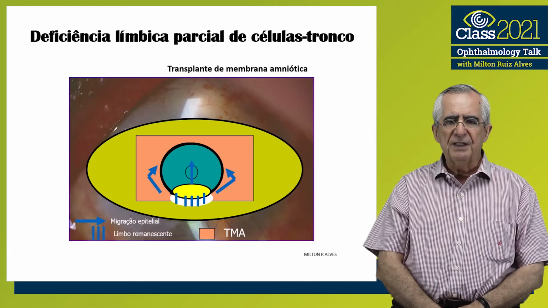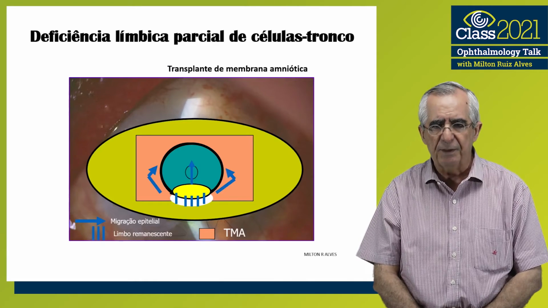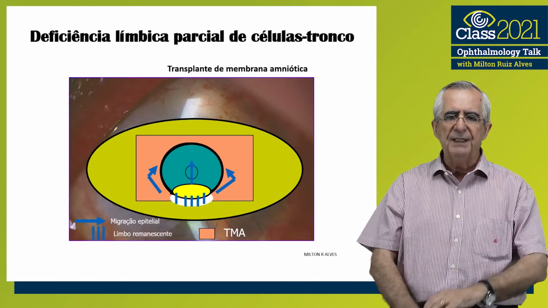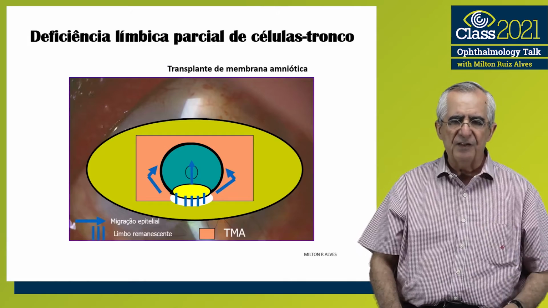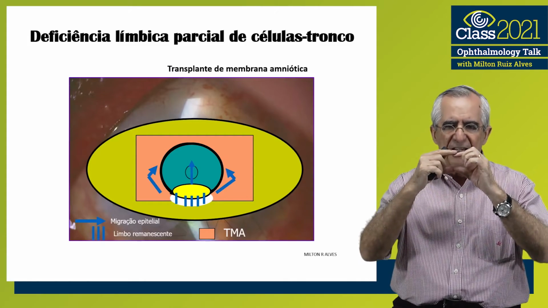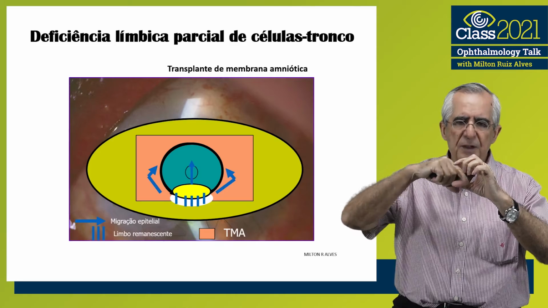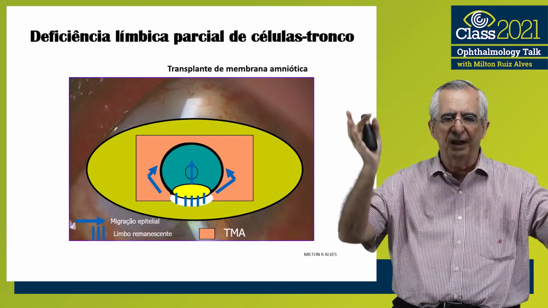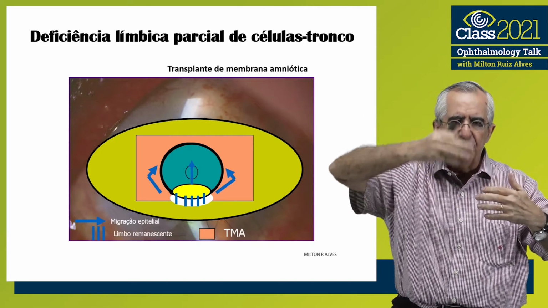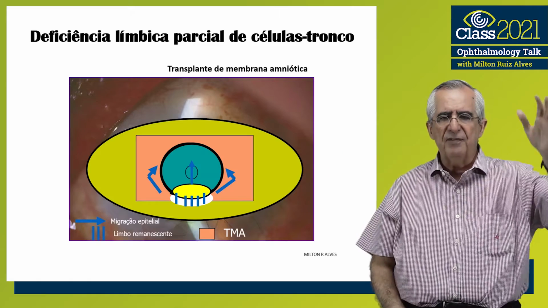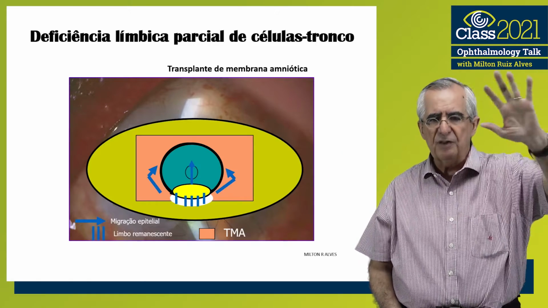It may be necessary to perform amniotic membrane transplantation. The yellow area on the cornea was what was left of healthy epithelium, and everything else around it was altered. You can remove all the altered epithelium and facilitate healing with amniotic membrane transplantation.